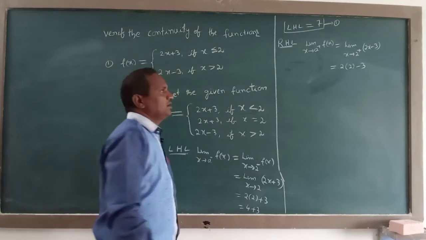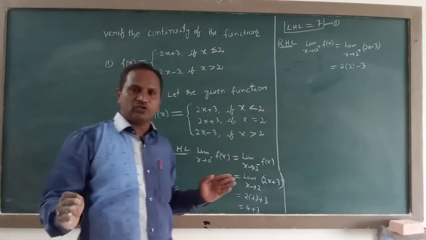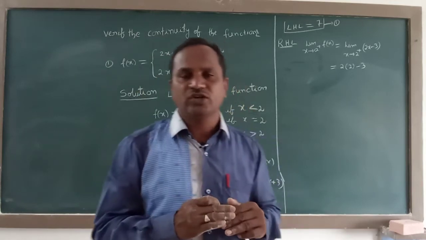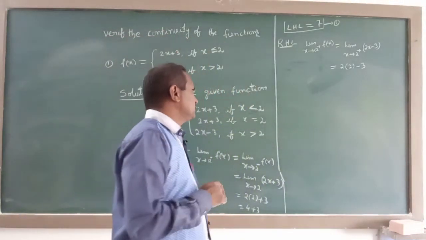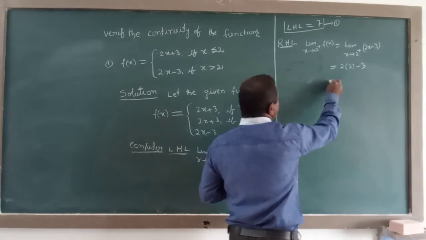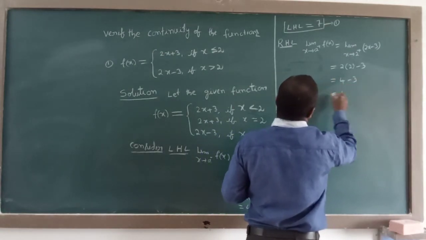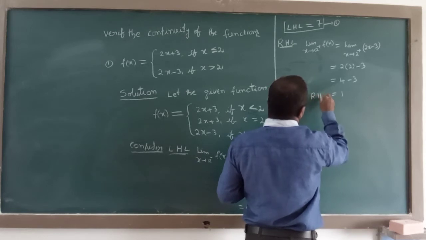You remove the limit symbol and put 2 instead of the variable. That is 4 minus 3, which means 1. This is the RHL value.